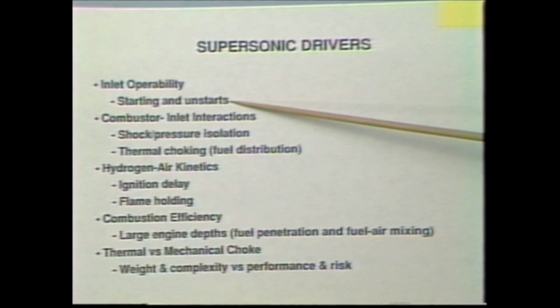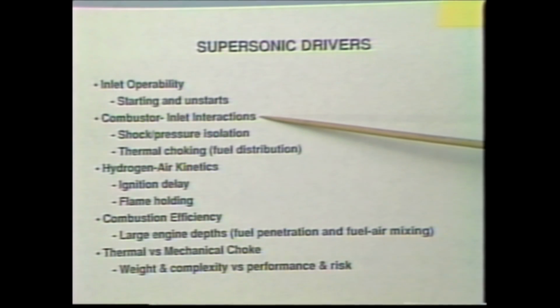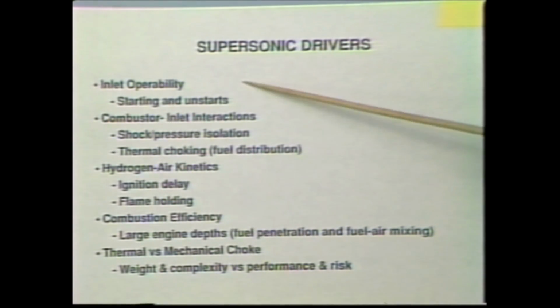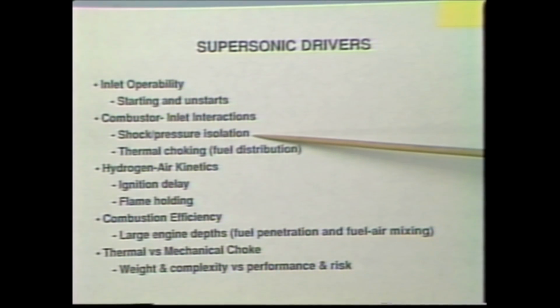The tendency of the combustor can force an unstart, and a number of things can unstart the engine. Combustor inlet interactions, that's really what I just talked about, trying to isolate the pressure rise in the combustor. That pressure rise is just like an adverse pressure gradient to the boundary layer. Remember, we've integrated our engine onto the airframe, so all that boundary layer air is coming into the engine, and it sees that adverse pressure gradient.